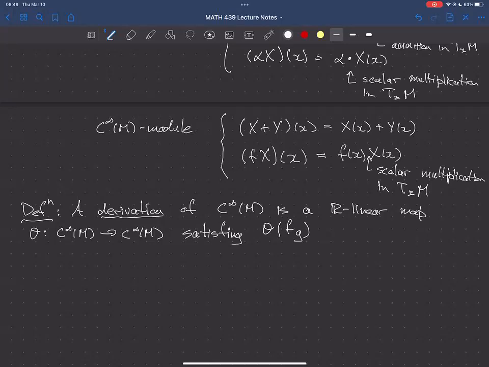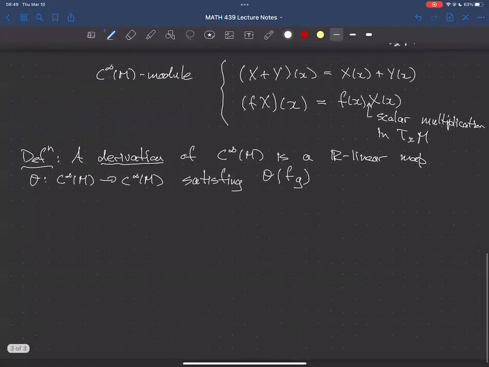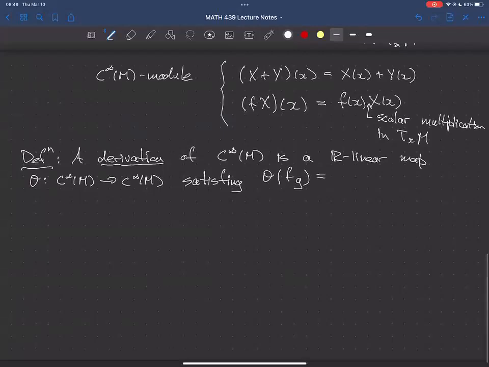The product rule, right? And so the product rule should hold. That means that if I apply theta to the product, I fix one and apply theta to the other, and then I fix the other and apply theta to the one. So it's theta of f times g plus f times theta of g. That's some version of the product rule.